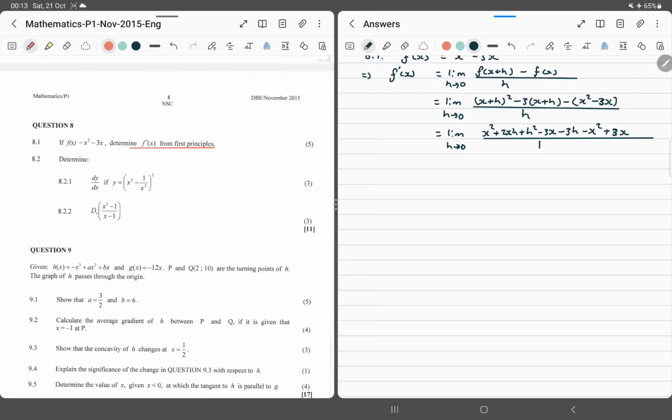plus 3x over h. Now if you do the things that can be done, we've got 2xh plus h squared minus 3h all over h.